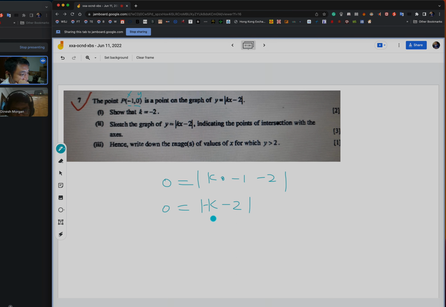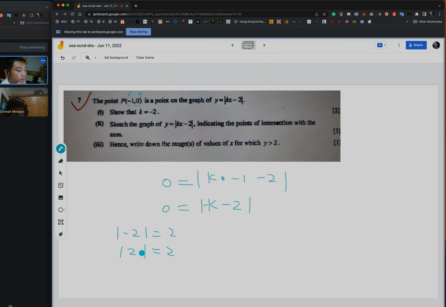The modulus sign here is this. Let's say if you have negative 2, you go to 2. You have 2, it will be 2. So the modulus sign basically just makes everything positive. Negative flips to positive.